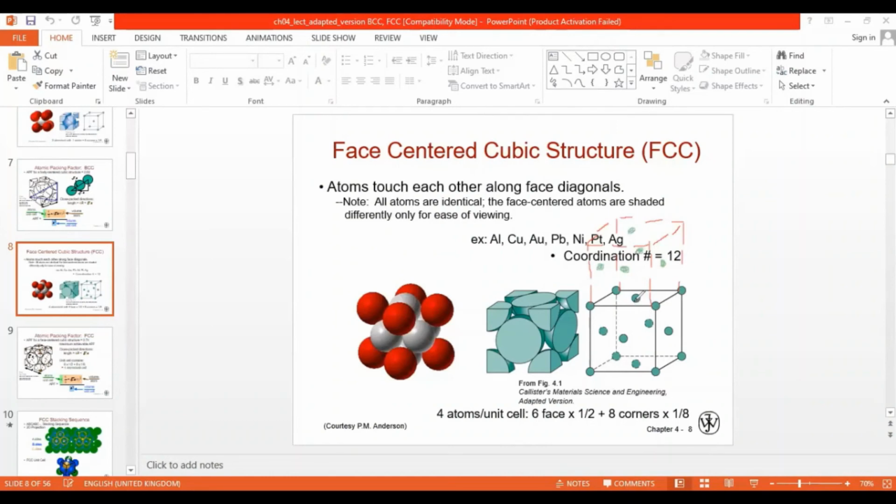Now we will see. So I told you, the closest atoms for a particular atom, right? So if I take this atom as my reference atom, 1, 2, 3, 4, right? These 4 are in this face.